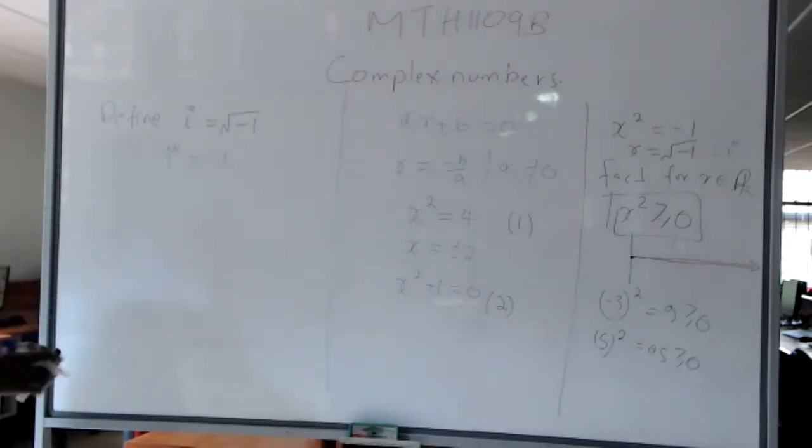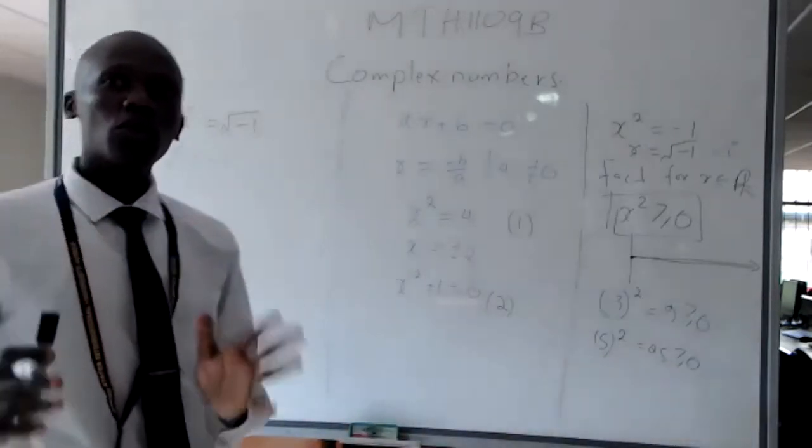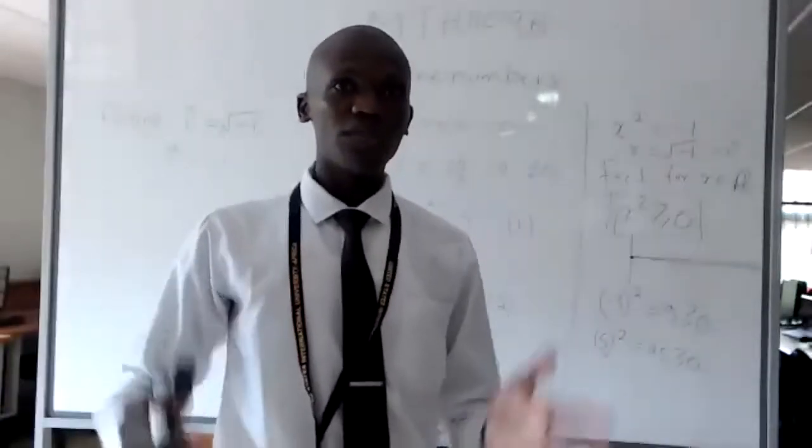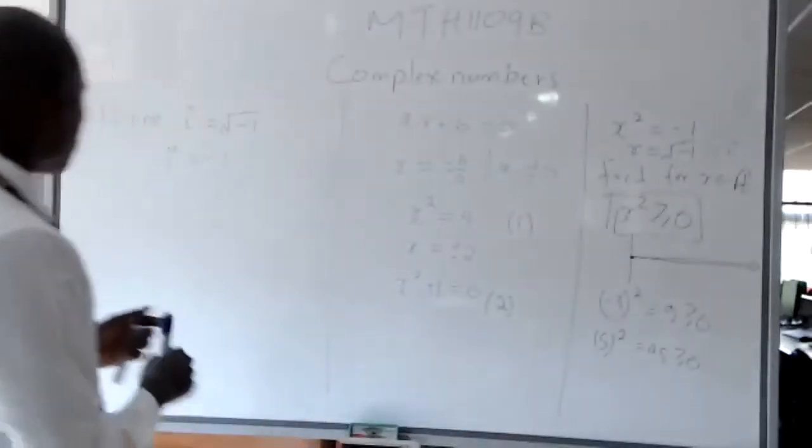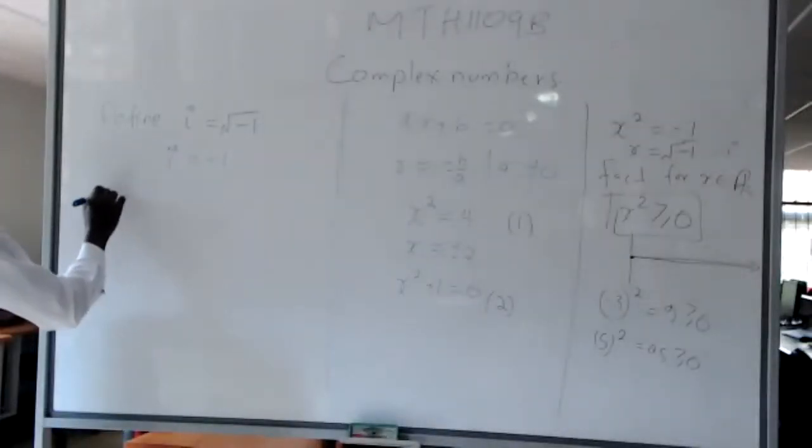Now, once we have defined a new number i whose square is -1, that means we can find square roots of all real numbers, positive or negative. So with this, we can define a complex number.